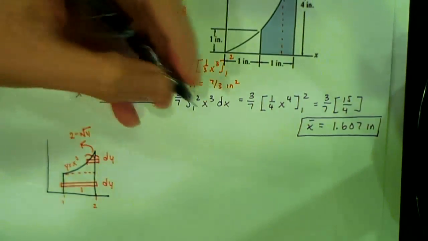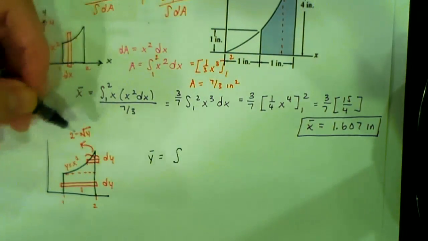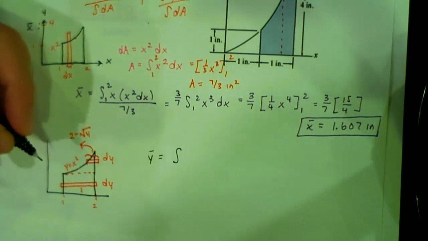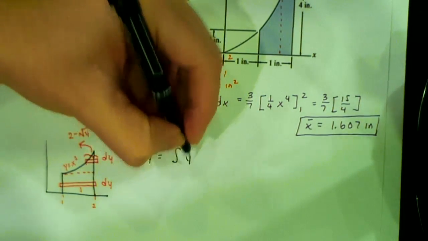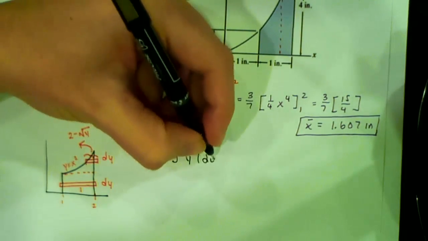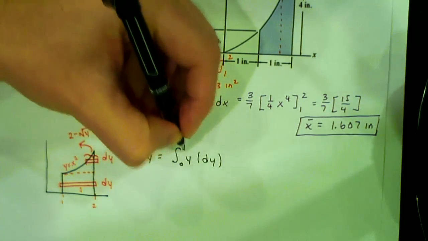So now we just plug everything in. So y bar is equal to the integral of, so for this first one, I'm looking at the rectangular or the constant shape. I have y times my differential area, which is just 1 times dy. And that's from 0 to 1, right?